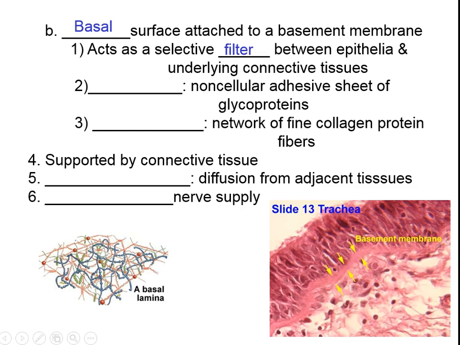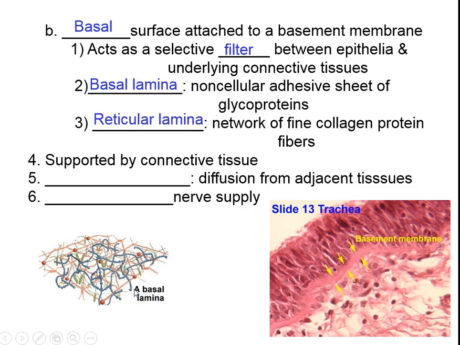That basement membrane has a non-cellular adhesive sheet of glycoproteins called the basal lamina, and then it has a network of collagen fibers called the reticular lamina. And so you can see a picture here of the lamina. The basal lamina would be the glue in between, and then the fibers would be the reticular lamina.